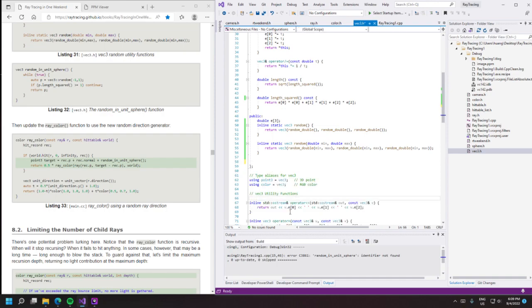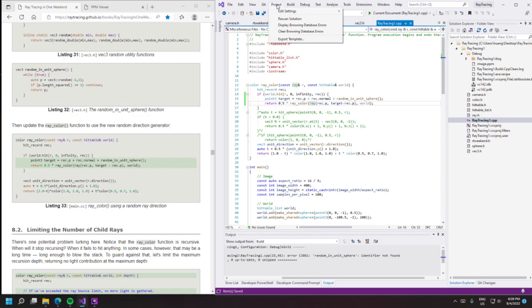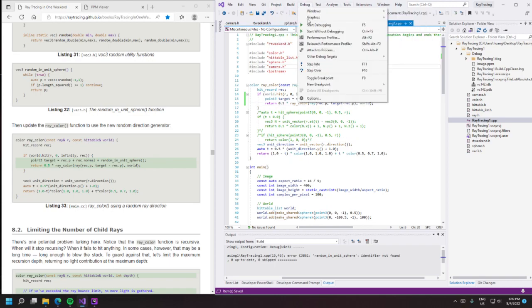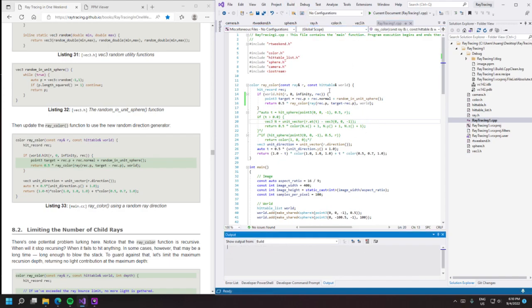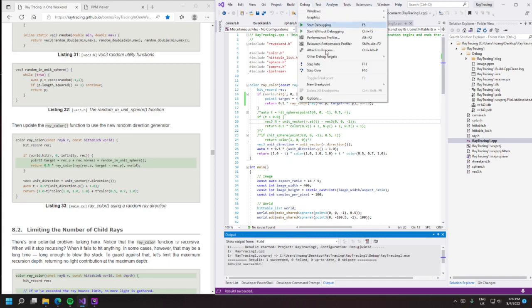Now let's try it again. Okay, so now the build succeeded, which is good.